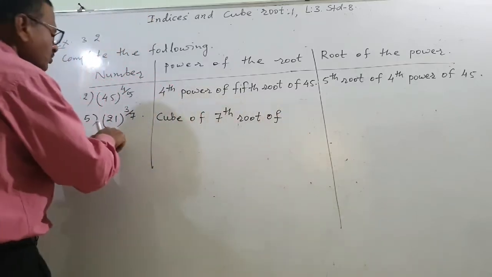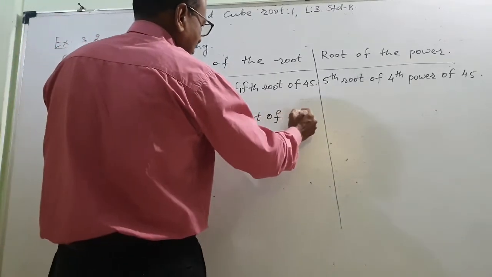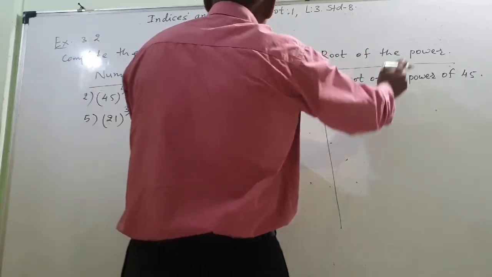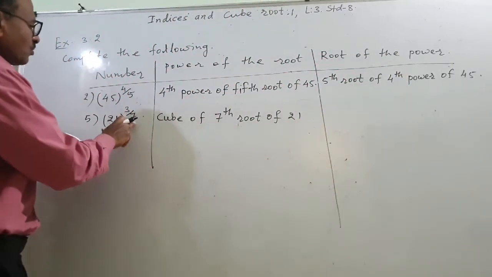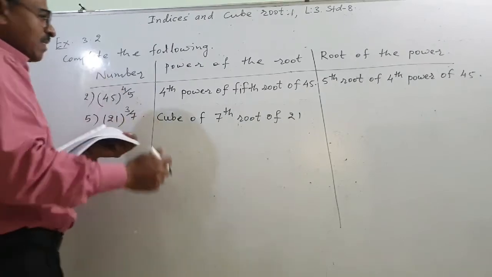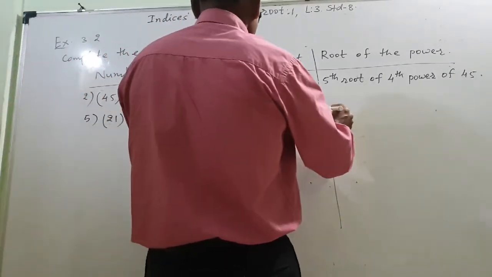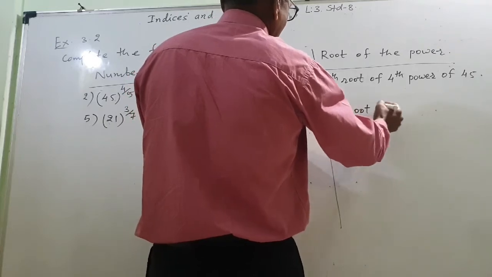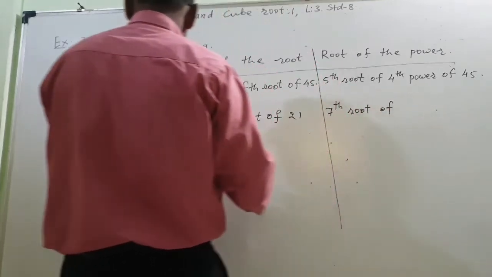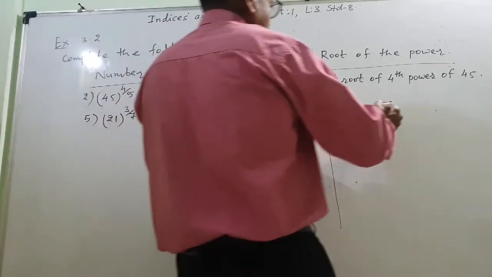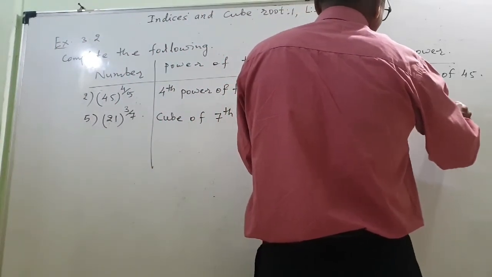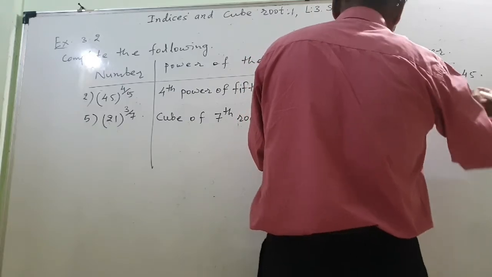Of whose? 21. Then root of the power. Which root? Seventh root. What is the power? Cube. So I will write this as seventh root of cube. This is the power of 21.